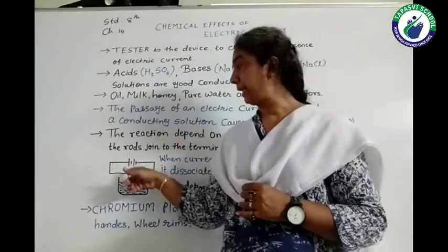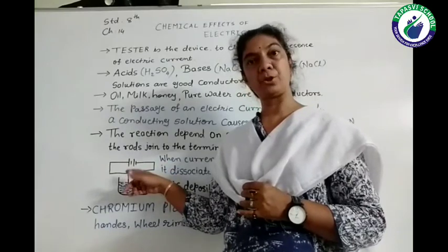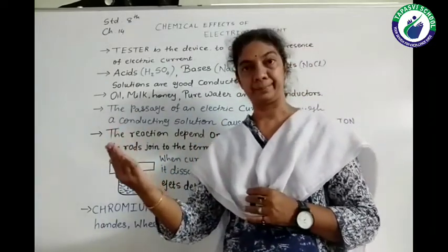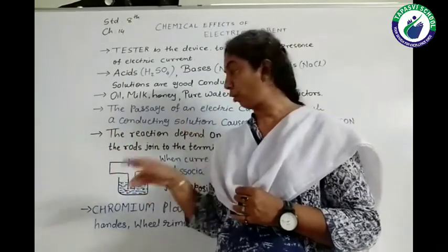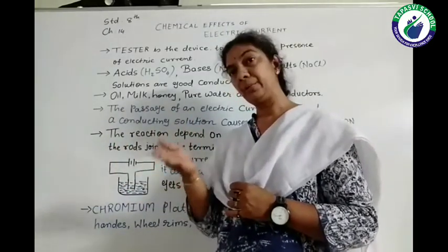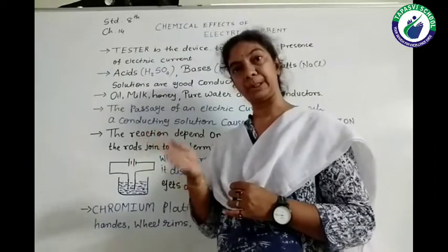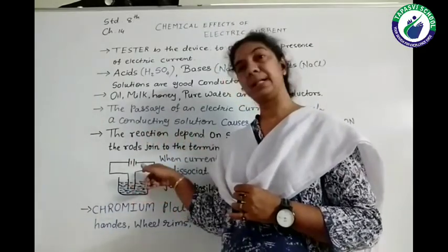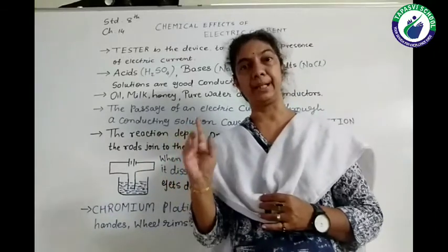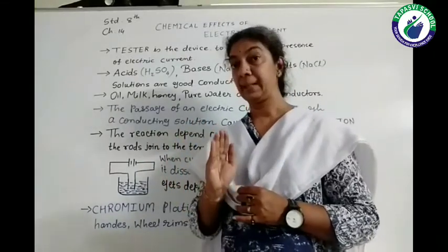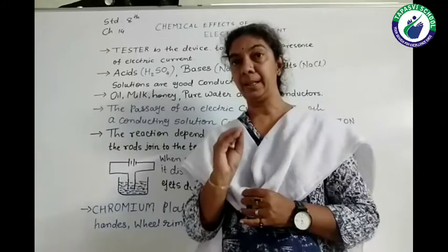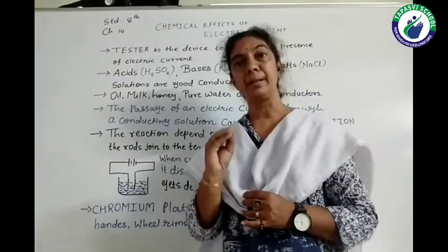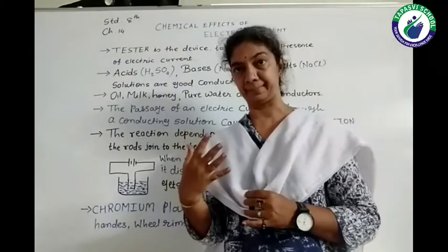The positive terminal is connected with the copper plate, so the positive charge will repel from that, and that's why that copper plate will give copper ions to the copper sulfate continuously, and that copper is again deposited on the negative terminal. Please learn this concept properly and try to get the terms used in that.